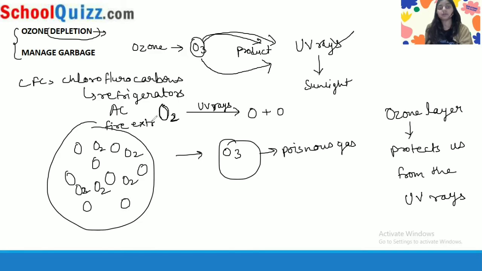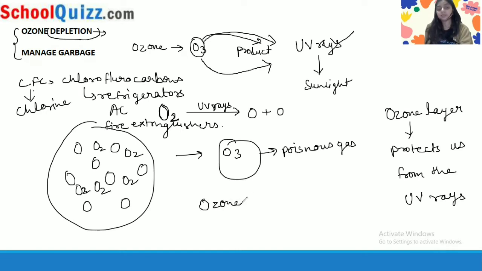In these CFCs we have chlorine, which is light, and it goes up in the atmosphere and reacts with the ozone.